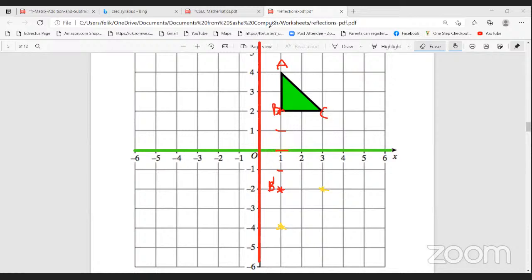So use a straight edge. There should be some straight edge. Use that to do the line. Miss, I don't have any straight edge.